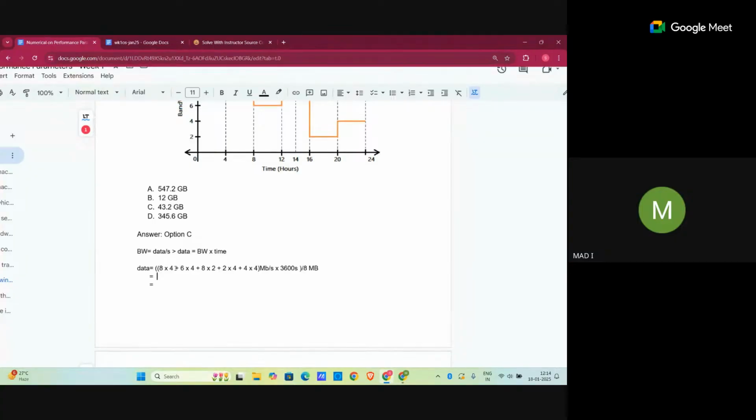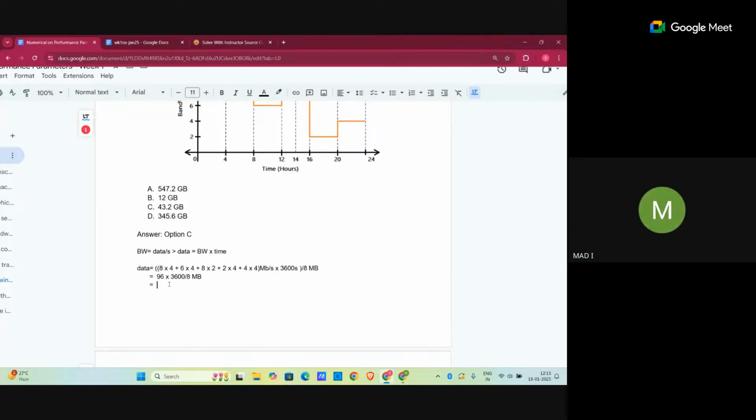Now 8 4s are 32, plus the rest, the total of all the terms is 96. So 96 into 3600, divided by 8, in MB.